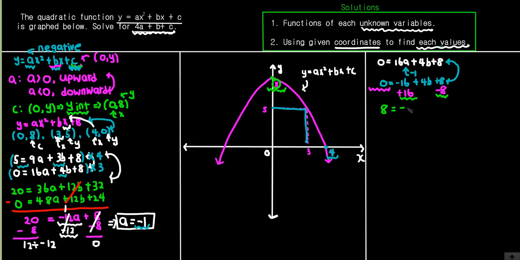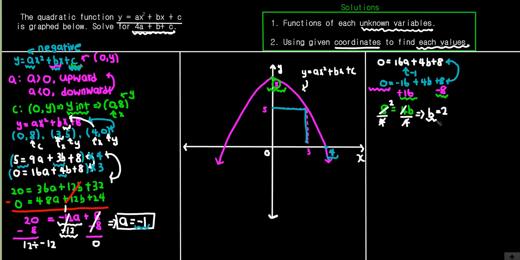We get 8 equals 4b. For finding the value of b, all you have to do is divide both sides by 4. Then 4 divided by 4 turns to 1, we still get b, and that is equal to 8 divided by 4, which turns into 2.